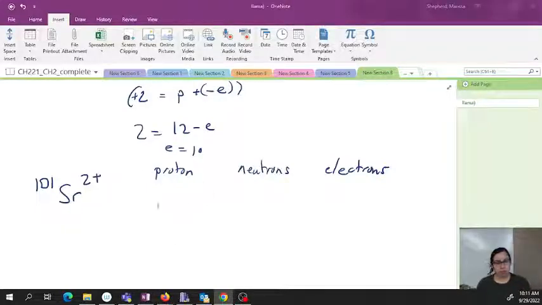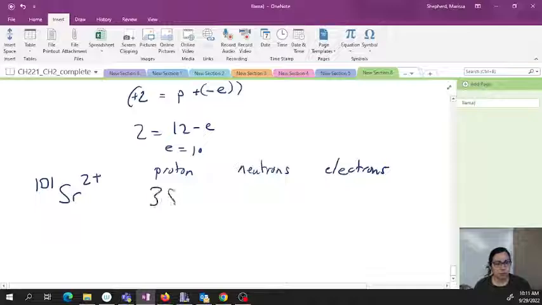So how many protons does strontium have? So here 38. For some nods. And then how many neutrons in this one? 63. 63. Is that what everyone got? And then electrons? 36. 36. Excellent.